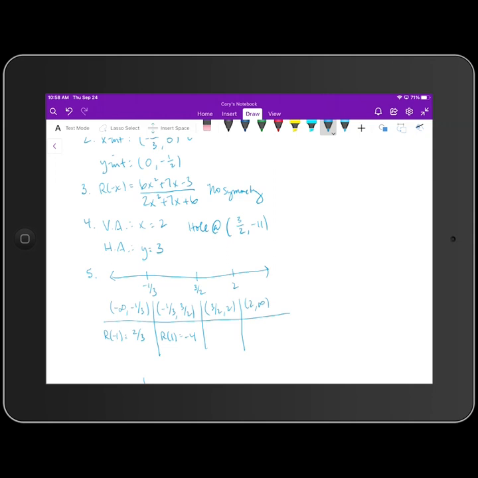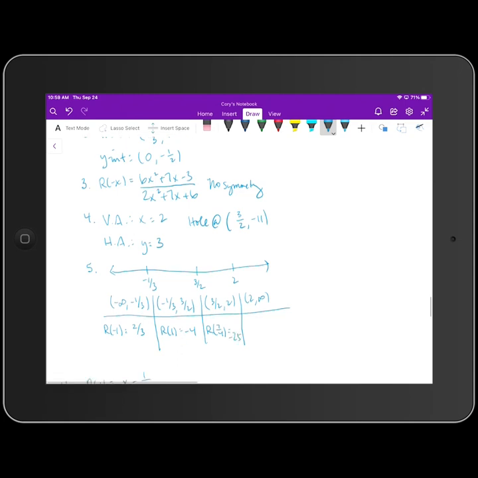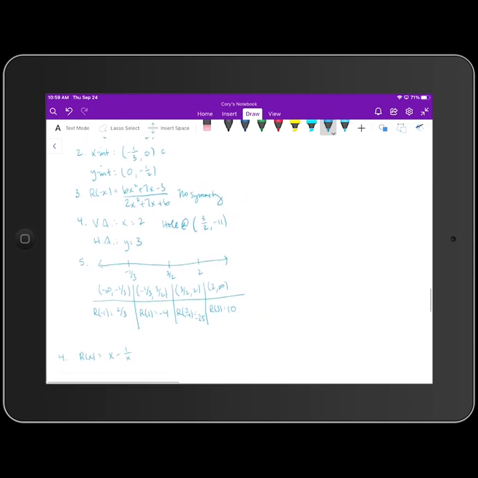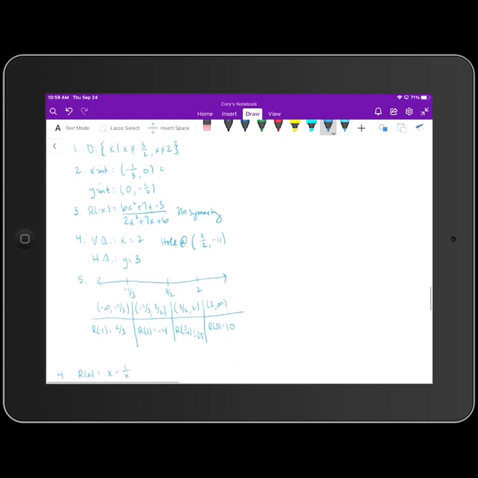So as a fraction, that is going to be 7/4. And r's value at 7/4 is negative 25. And then on the last interval, I'm going to pick 3. So r of 3 is going to be equal to 10. Okay, so once we have that, we're going to go ahead and draw the graph of our rational function.